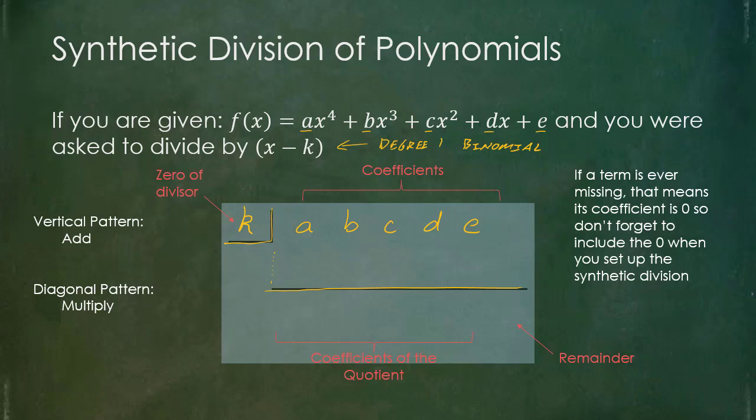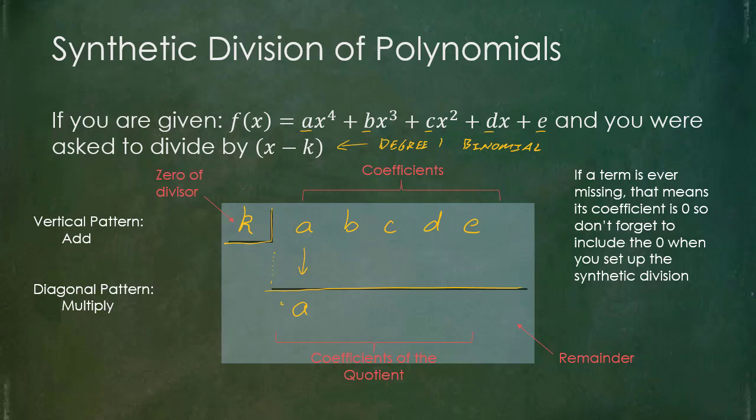Now how the process will go is, vertically, I'm going to add, and since there's no number right now to do the diagonal pattern with, you can picture there's always going to be a 0 here, which just makes it look like the first term will always drop down. So I don't ever write that 0, I just immediately drop that number down.